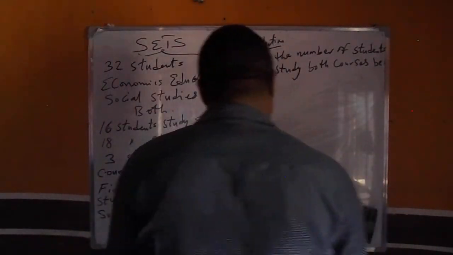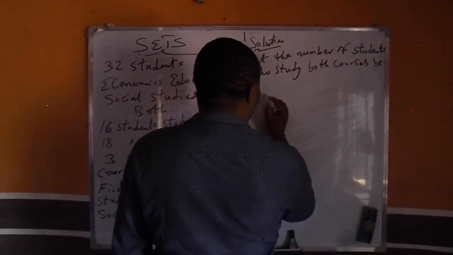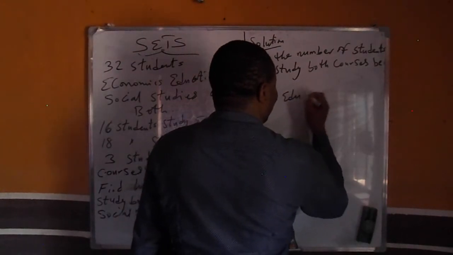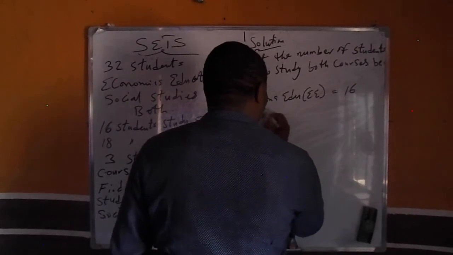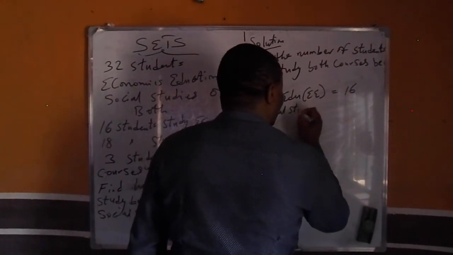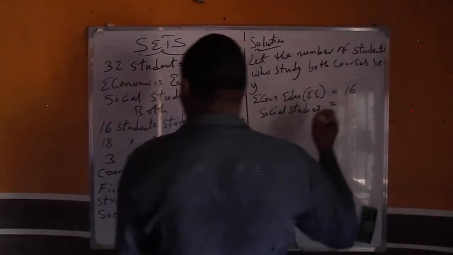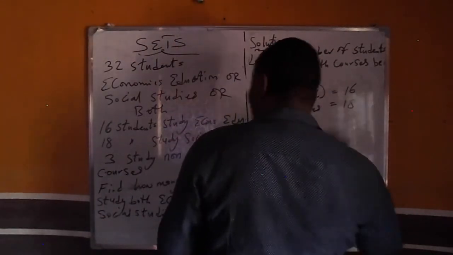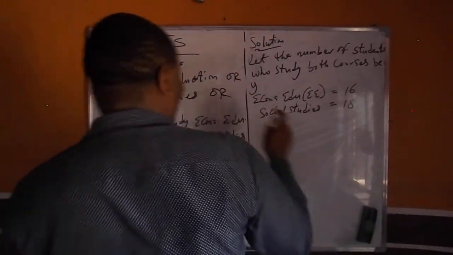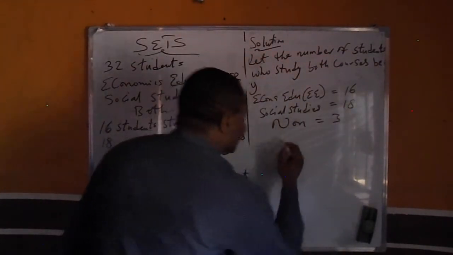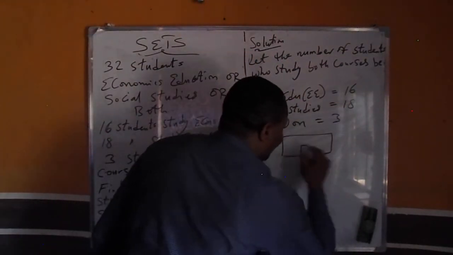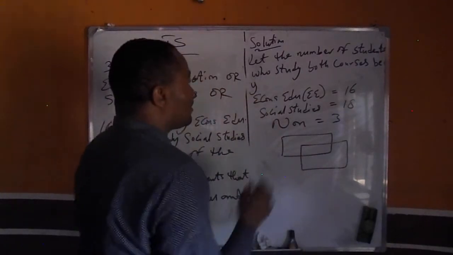Then we move forward. Economics education, which is EE, equals to what? 16. Social studies equals to what? 18. None equals to 3. Representing this with a Venn diagram, we have this.